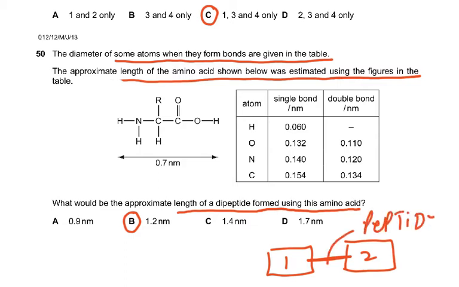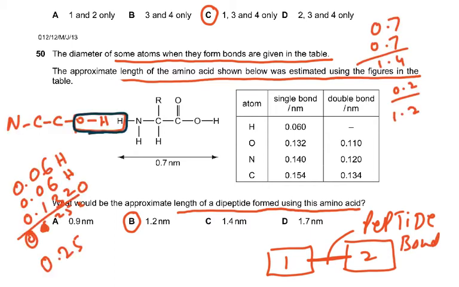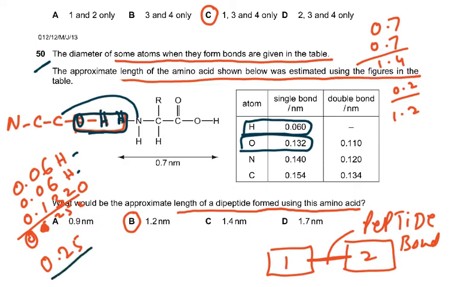Now, what would be the length of this? I'm going to just do the calculations and show it to you. As you look at question number 50, I estimated it like 2H are removed, so 0.06 twice, this and this. And then O also was removed because we are removing this O, this H, and this H. And then we form a bond between N and C. And then O is 0.132, so we added it, 0.25.